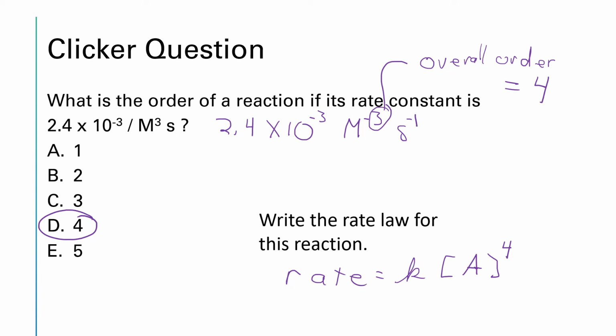So it might be A squared, B squared, but assuming that it is dependent just on one reactant, the rate law would be that the rate is equal to k times A to the fourth. And so we could do all sorts of things, like since we have a numerical value for the rate constant, we could be asked to calculate the rate given a particular concentration of A, or we might be asked to find what concentration of A would give us a particular rate. So once we know that it's fourth order, we can rock and roll on those types of questions.